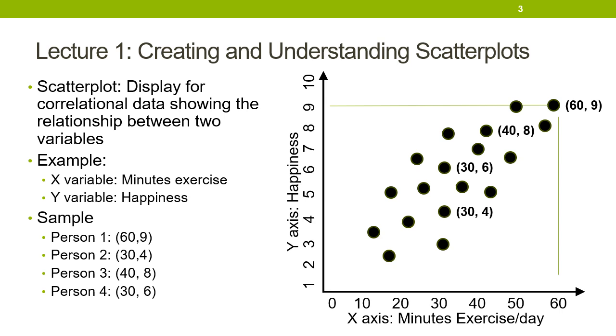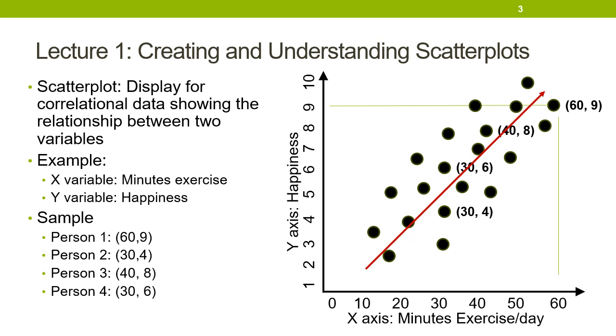You can see, looking at this, that the points generally travel in an upward direction, so we know this is a positive relationship. If we were to draw in a line that came closest to the greatest number of points, it might look something like this. This little graph can tell us much of what we need to know. The direction of the relationship depends on the trend of the points.